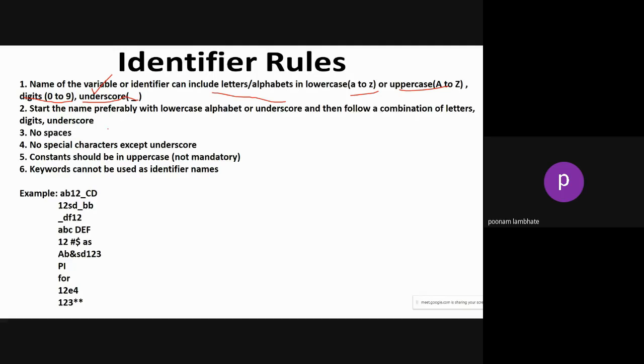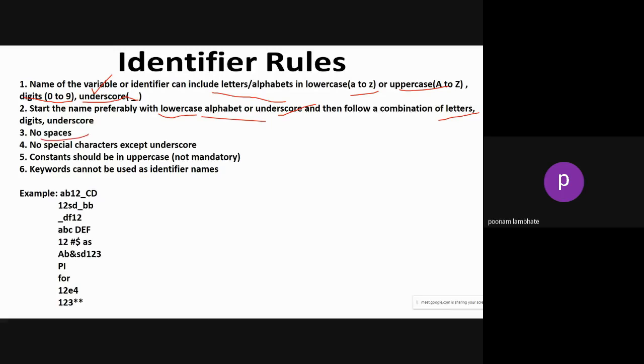You cannot use asterisk, question mark, dollar, hashtag in your variable name. Then you should start the name with an alphabet, and preferably it should be a lowercase alphabet. It's not compulsory to be a lowercase alphabet, but as per the guidelines or expectations, it is expected that you start with the lowercase alphabet. Then you can have underscore and then a combination of letters and digits.